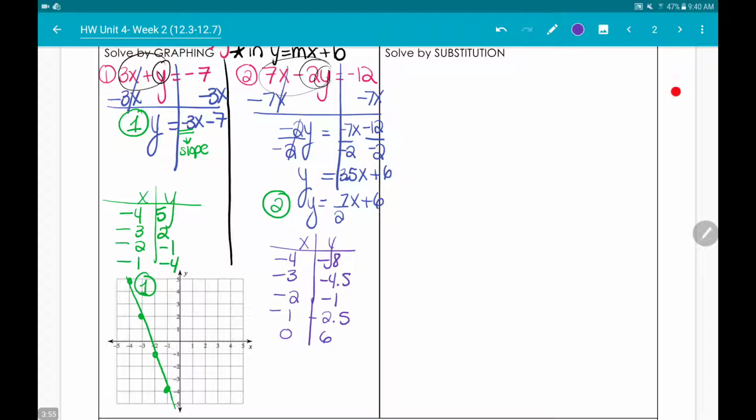There's only a few points we can fit on here. So negative 3, negative 4.5; negative 2, negative 1; and negative 1, negative 2.5. That doesn't make sense.